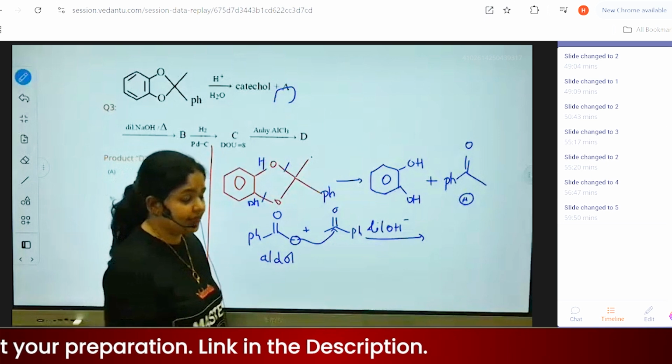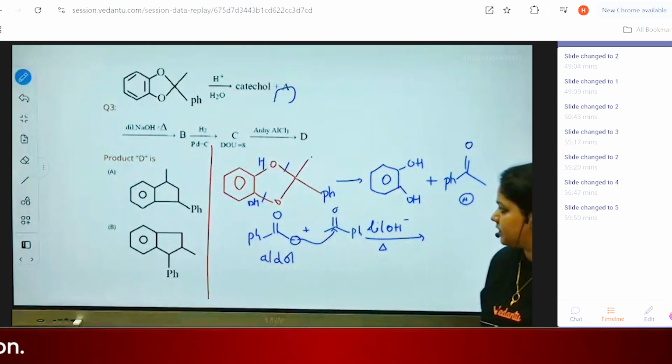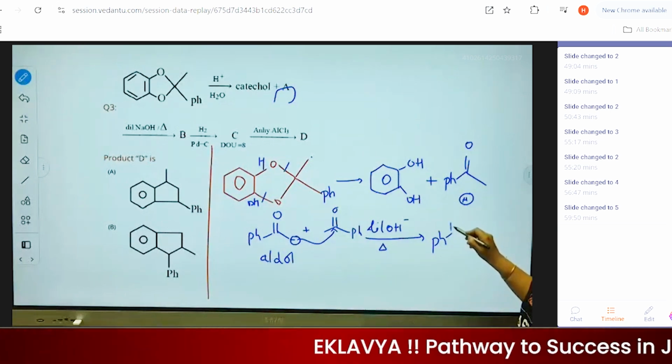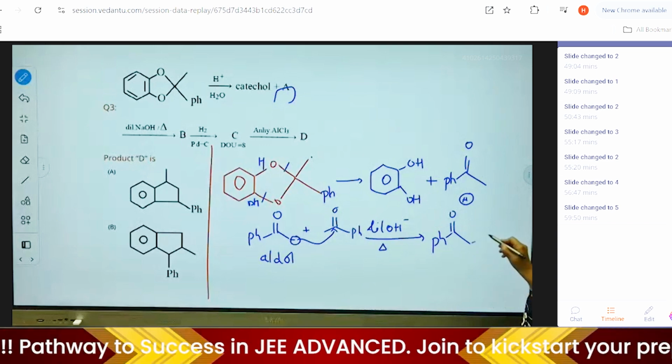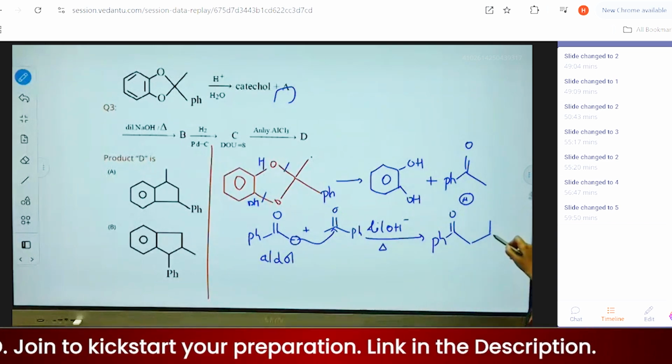This is followed by heating. I will tell you what will happen if heat is there and if heat is not there. In this one, Ph double bond O, then we have this, then we have this.